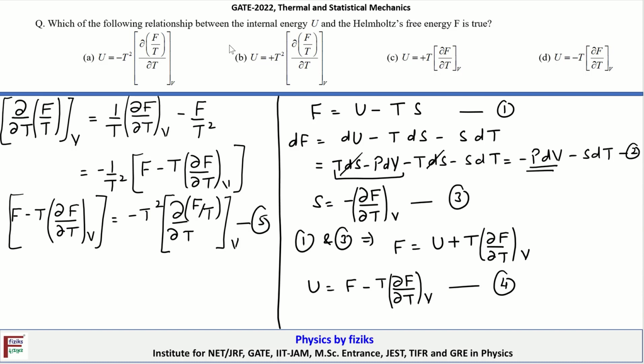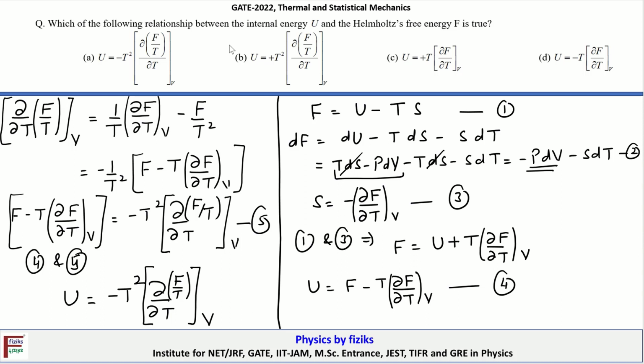Now if we compare equations 4 and 5, U is equal to F minus T dF by dT at constant volume, which is further equal to minus T squared curly ∂/∂T of F by T. So 4 and 5 imply that U, the internal energy, is equal to minus T squared curly ∂/∂T of F by T at constant volume.